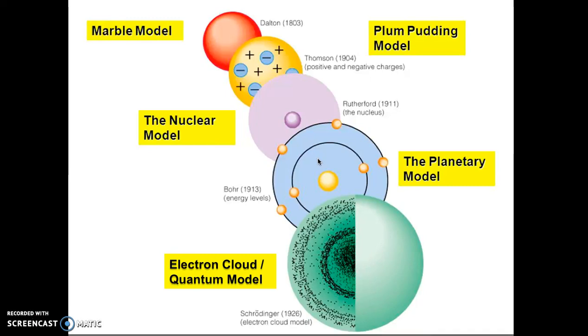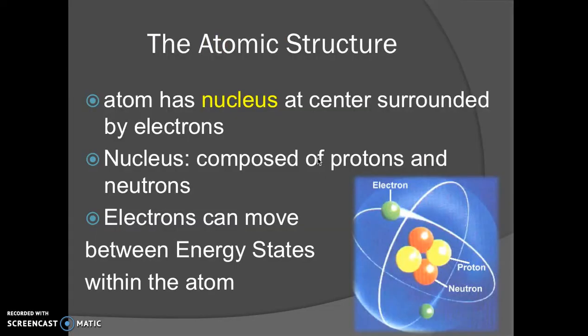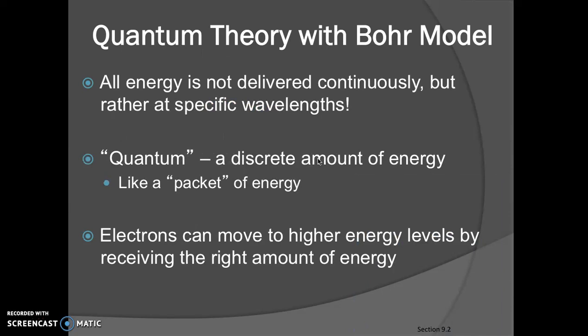So the basic structure is the nucleus composed of protons and neutrons, and electrons moving between energy states within the atom. These energy states are those levels within the Bohr model. An electron can move between these states because of quantum mechanics. Light is quantized.